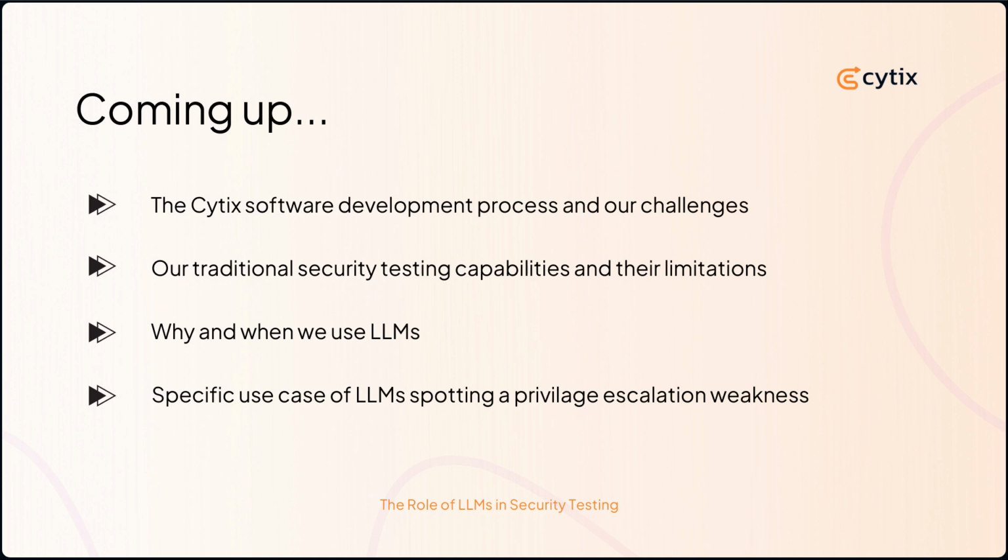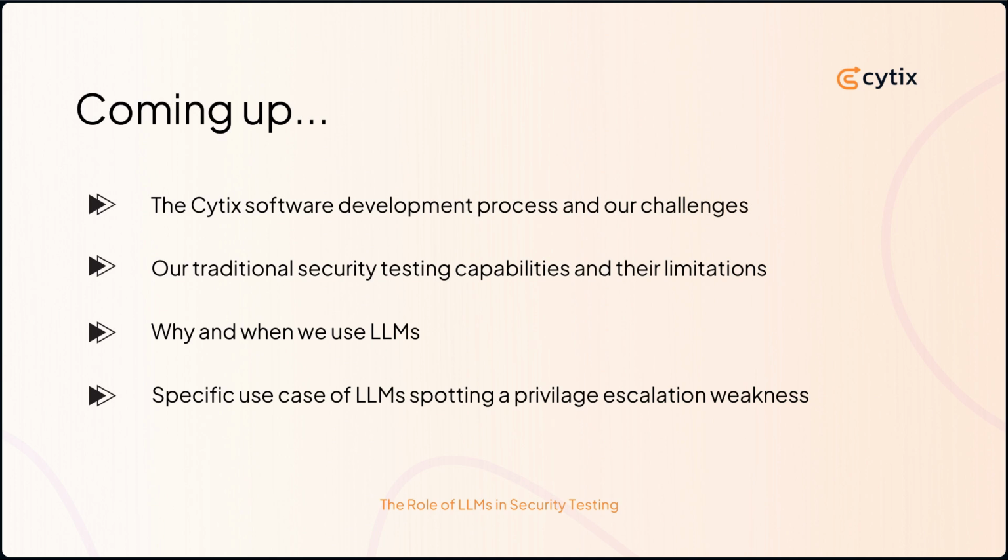So coming up, first of all, the key areas that we're going to cover are what our current development processes are, like how we actually go about delivering software, getting it into production, how we leverage some of the traditional security testing capabilities and talking a little bit about their uses and their limitations, and then why and when we use large language models to supplement this.